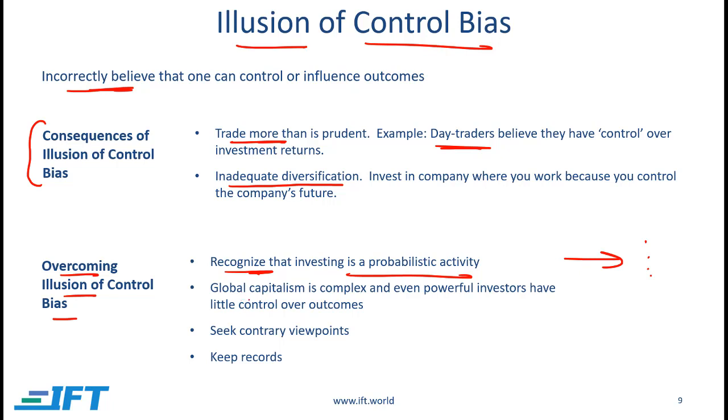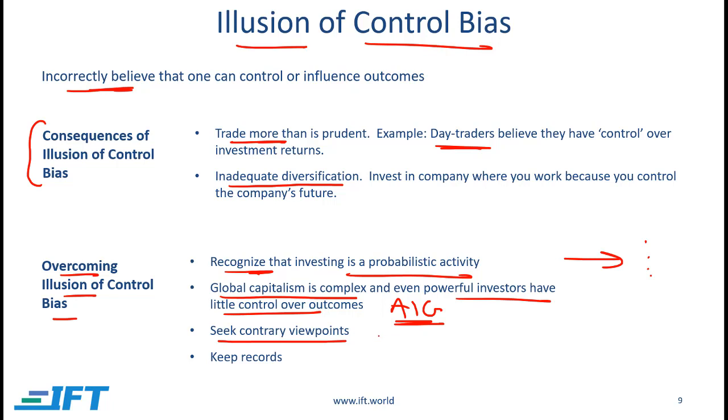Also, we should recognize that global capitalism is complex, and even powerful investors have little control over outcomes. One of the most powerful companies in the world is AIG, and even AIG could not control what happened during the 2008 financial crisis.